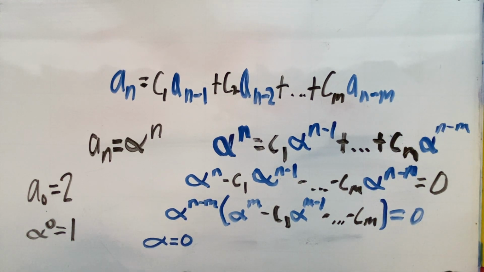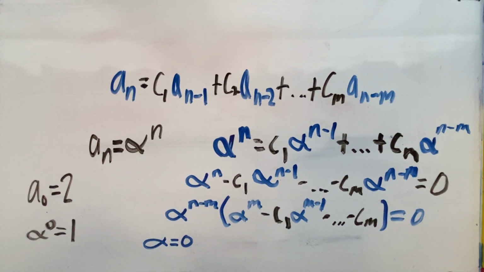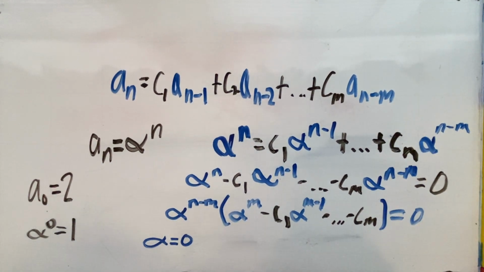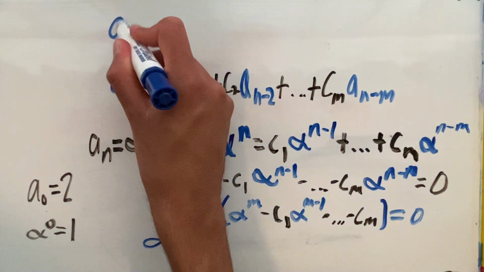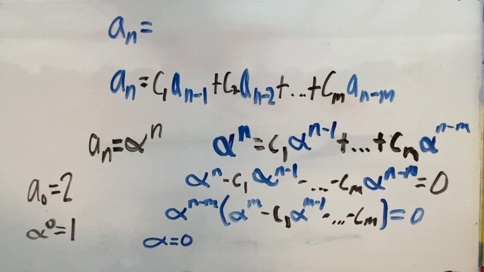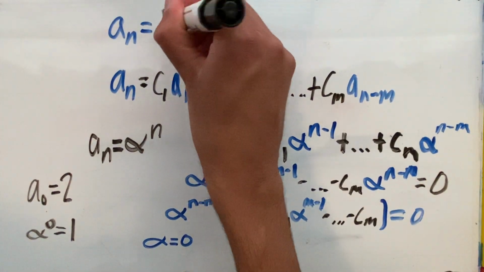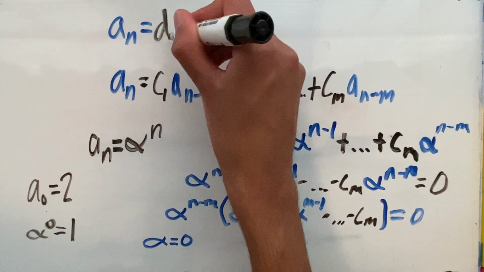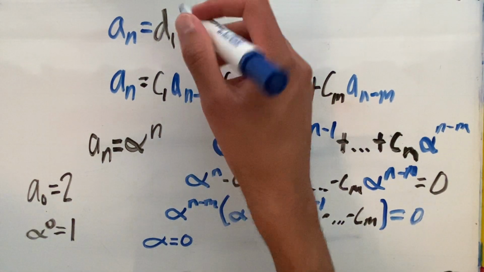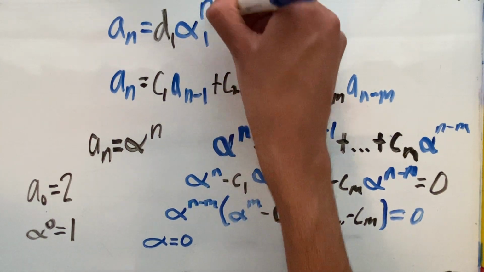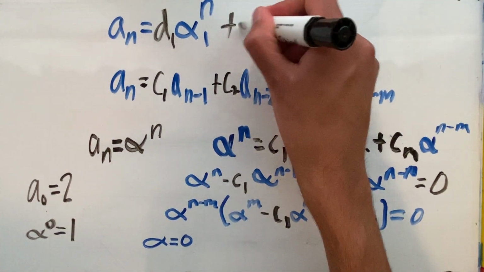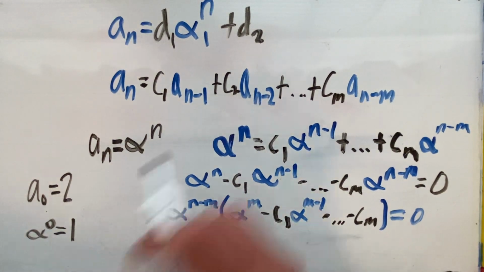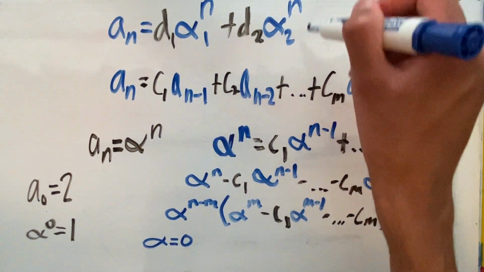But then instead of just giving up at that point, what you do is you look for a linear combination of the values of alpha. Specifically, there's a system of equations you can solve, and in the end, you should find that a sub n actually equals some d1 times alpha 1 to the n power plus d2 times alpha 2 to the n power, using different letters for the different constant coefficients.